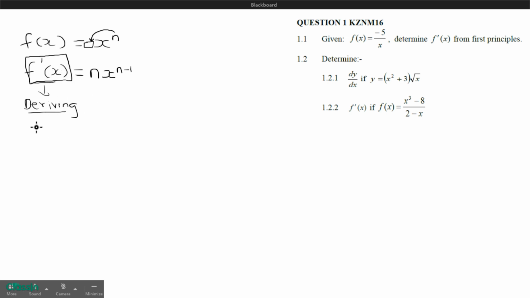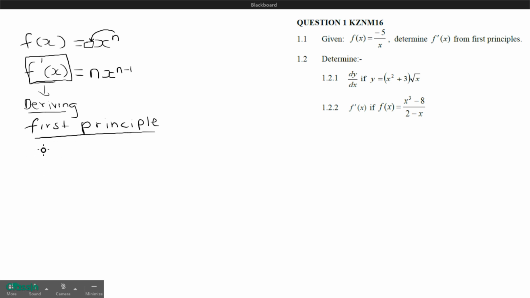Now, because they say from the first principle, it means that we must check again. We must again check the definition of the first principle.